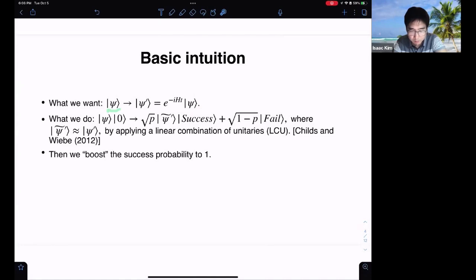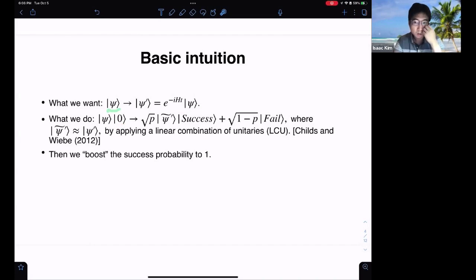But in these non-unitary methods, what you usually end up doing is something like this. You first somehow find a method to do this kind of transformation. So you begin with this initial state psi and another register. Here I just wrote this down as 0 out of concreteness, but this could be any fixed state.